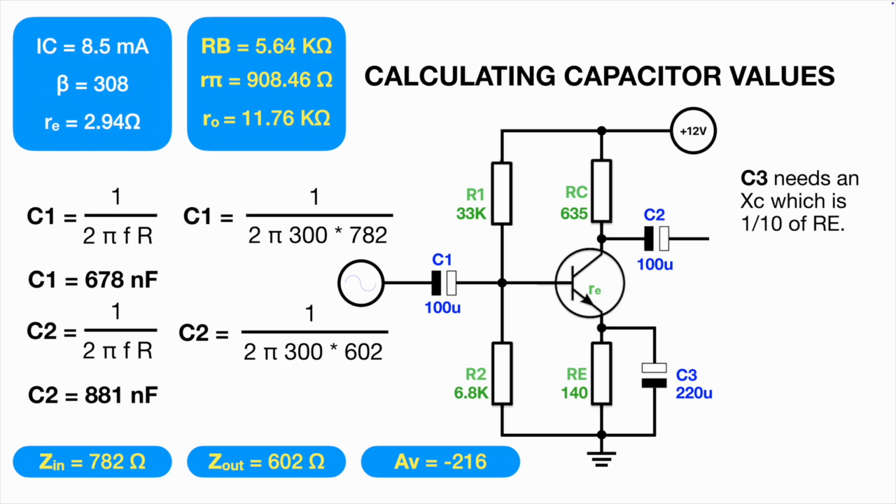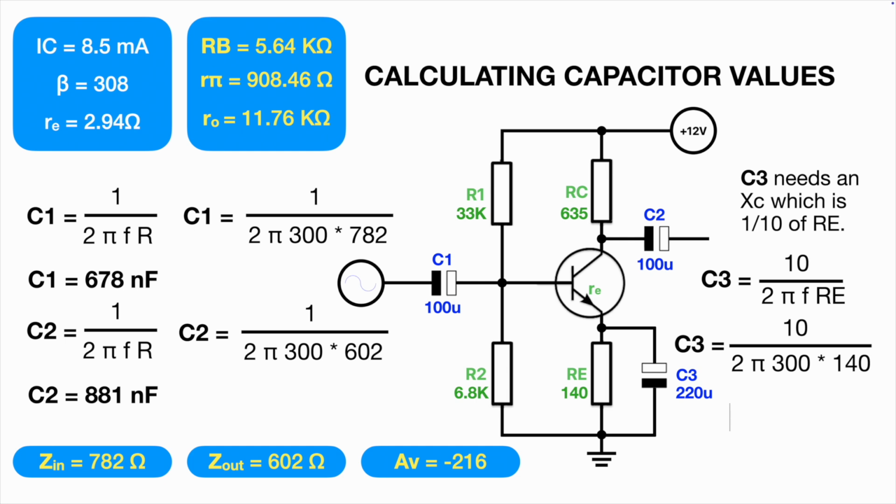So if we want C3 to have a reactance which is 1/10 of RE, that is the equation: 10 divided by 2 pi times the lowest frequency, 300 hertz, times the value of RE, which is 140. And when you calculate that, you get a much higher level, 37.9 microfarads. And again, I went overkill and put in 220.